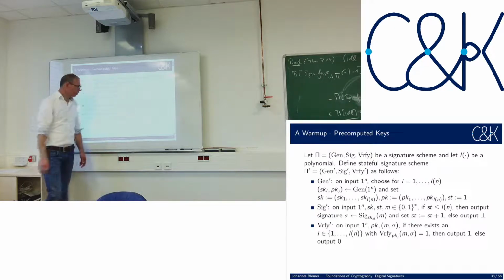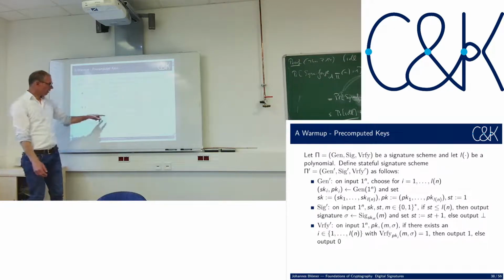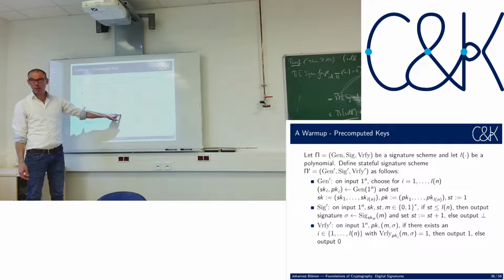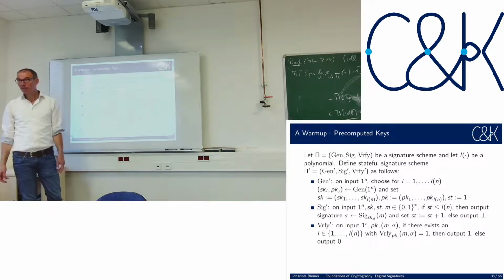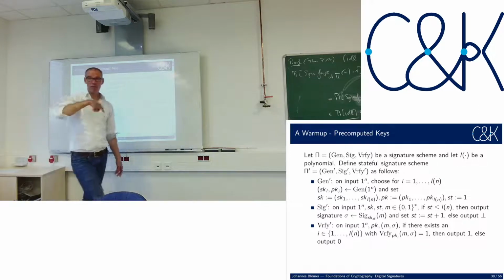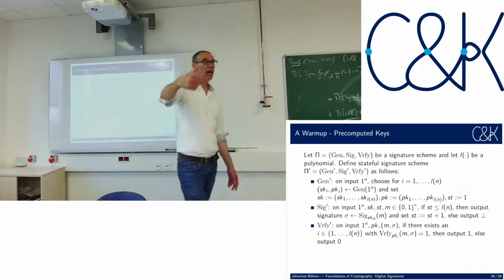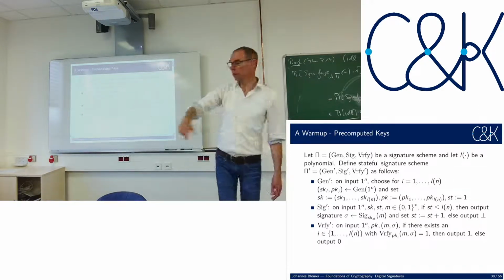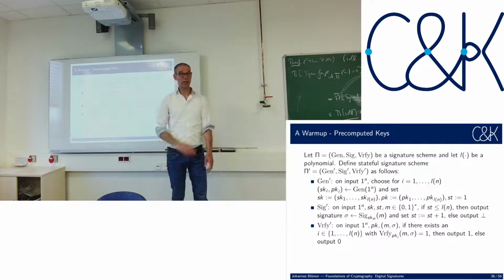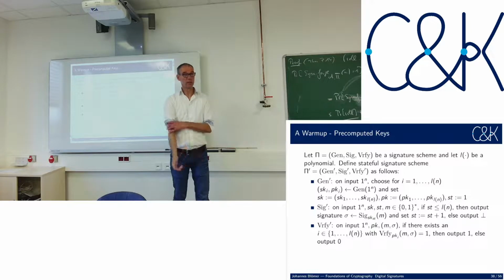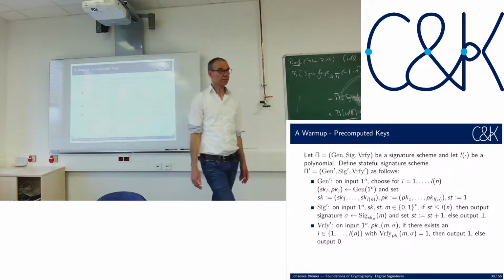For the verification, you get the public key, and you get a message m and sigma. You just check, is there an i such that this sigma verifies under pk_i? So is there a public key in that list that verifies this signature?